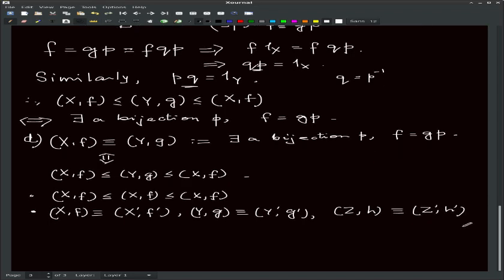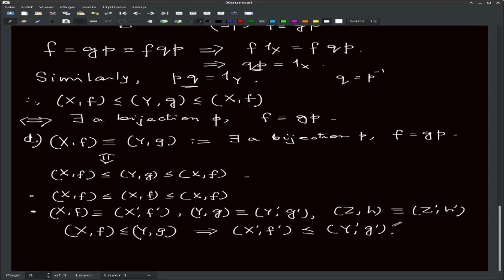Now observe, if you have xf less than or equal to yg, does it mean that x prime f prime is less than or equal to y prime g prime? Yes or no? Yes. Why?